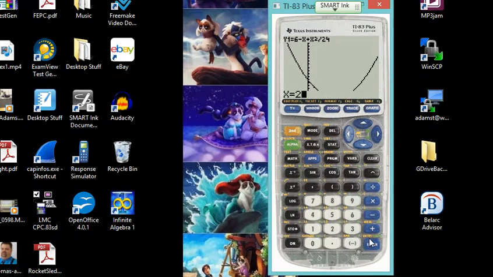At 2 seconds, the height of the tank is about 4 meters. At 3 seconds, it's about 3.375 meters. At 4 seconds, it's 2.66 meters. And when did we say it was at its lowest amount? At 12. You guys see that?